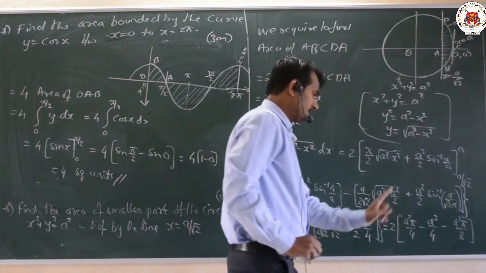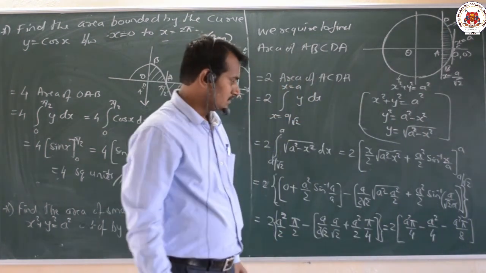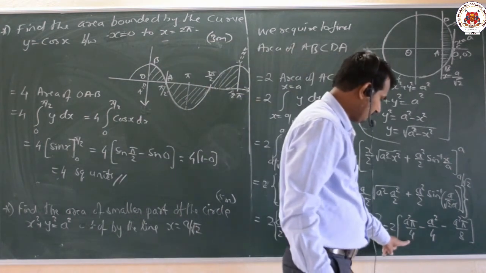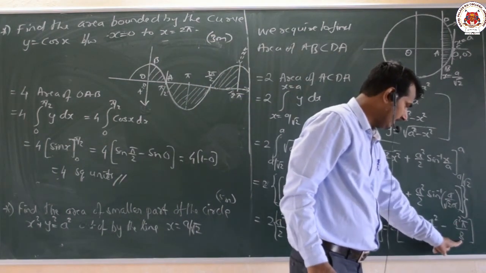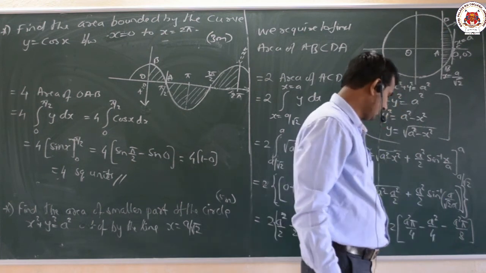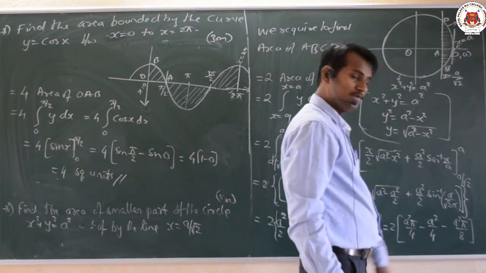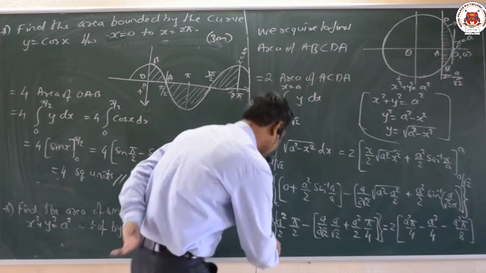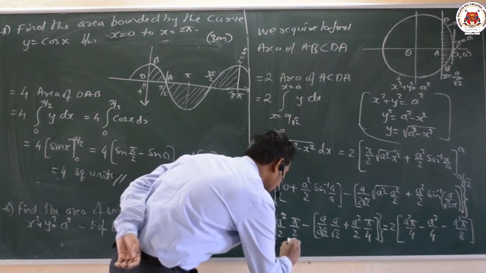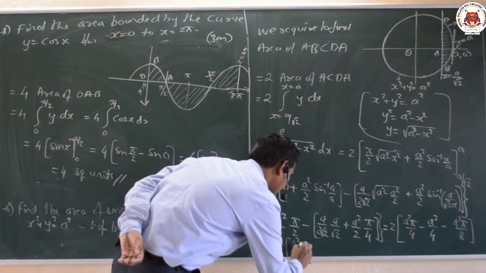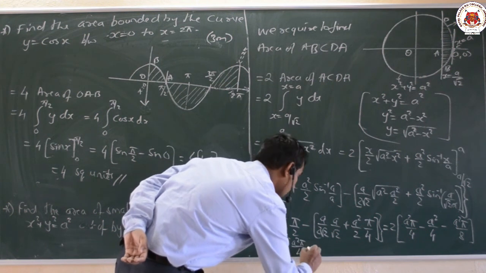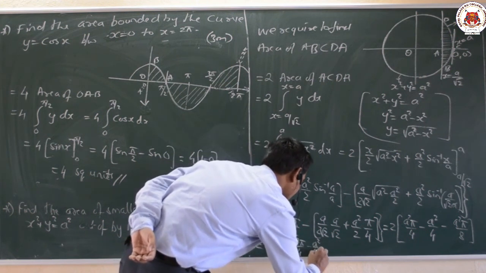Now multiply it by 2 and then you can solve it. So a square by 4 minus a square pi by 8, that is a square pi by 4 only. So what we get is 2 into a square pi divided by 4 minus a square by 4.